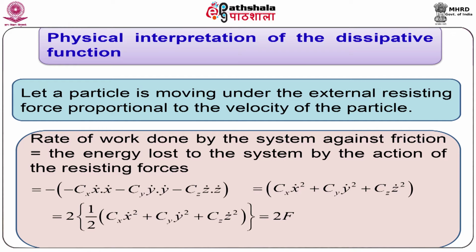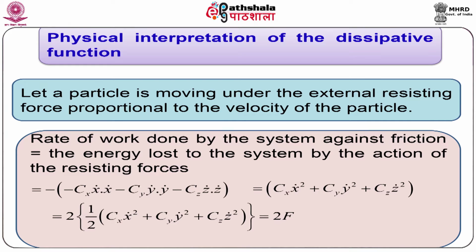Please note that we are considering rate of work done. Work done is equal to force into displacement, which is, this is the force component Cx into x dot, x is the displacement, force into displacement gives the work done.